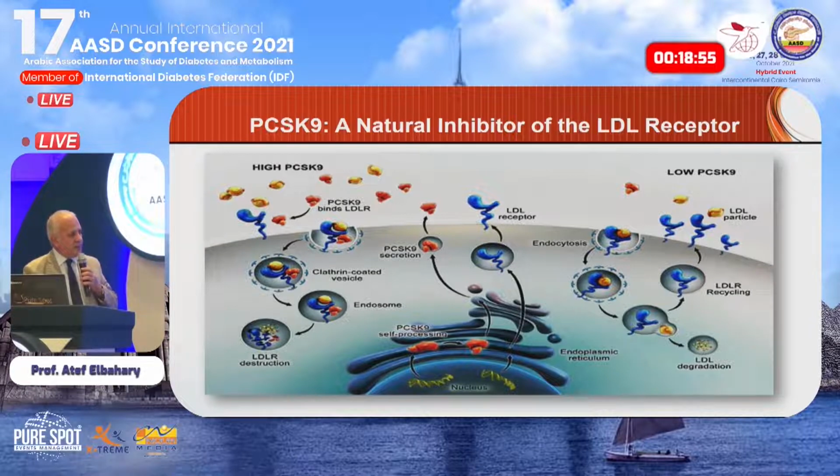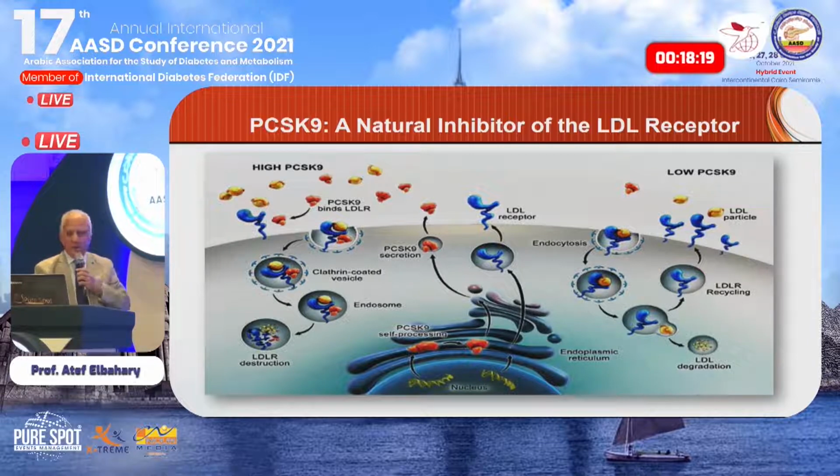The Pcsk9 and the LDL receptor travel through the endoplasmic reticulum and the Golgi apparatus, and Pcsk9 also goes to the outside of the cells. The importance of the LDL receptor is to accelerate the clearance of LDL from the plasma, decreasing the LDL cholesterol, as we see from here.